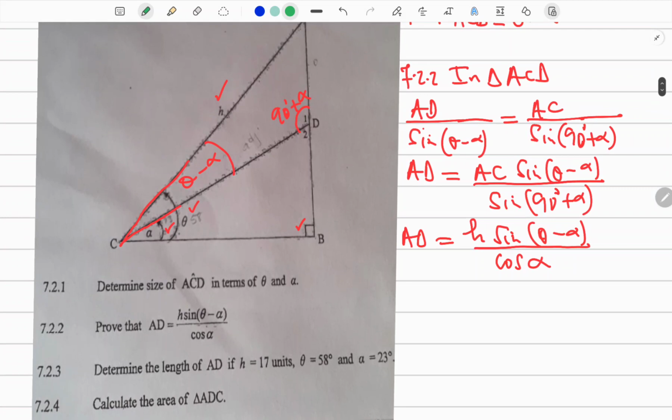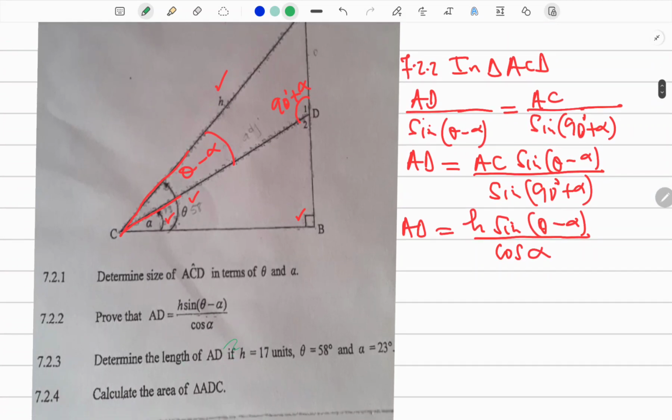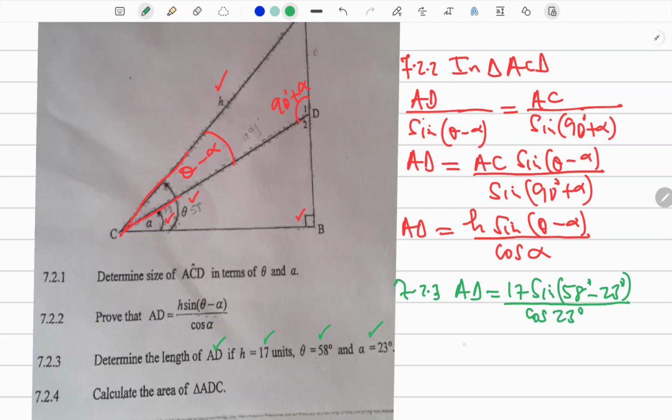Right, so we need to do 7.2.3, and they're saying determine the length of AD if it is given that H, theta and alpha are these values. That's straightforward. You're going to find the length of AD. We've been given H, which is 17, times the sine of theta, which is 58 degrees, minus 23 degrees, all divided by the cosine of alpha, which is 23 degrees.